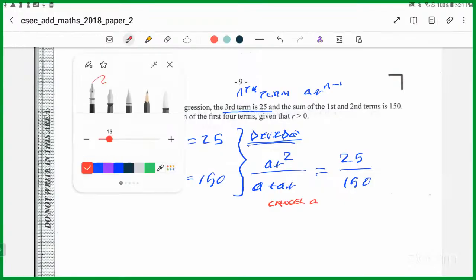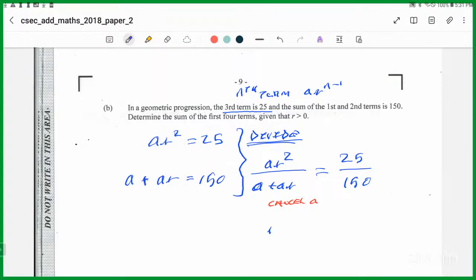We're going to get R squared over 1 plus R, and that equals what it reduces to now.